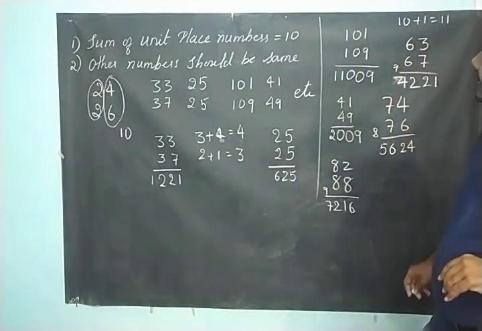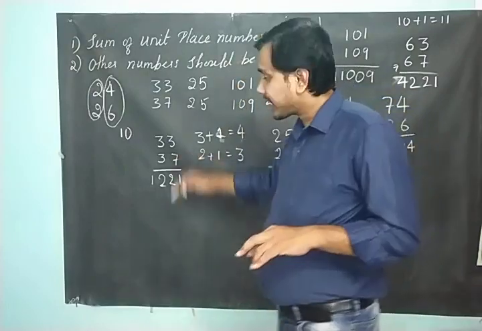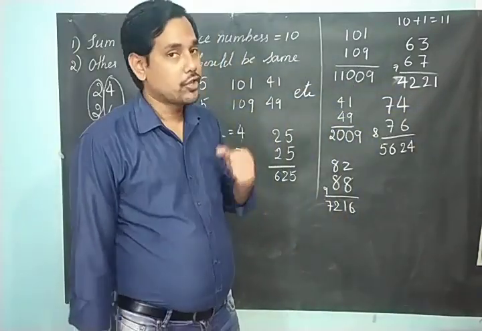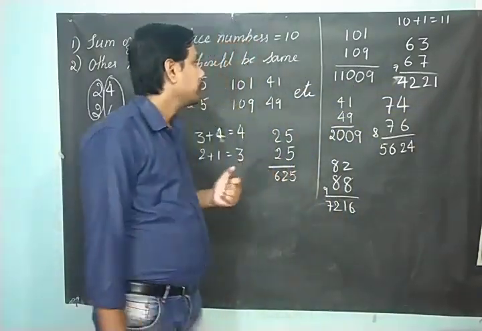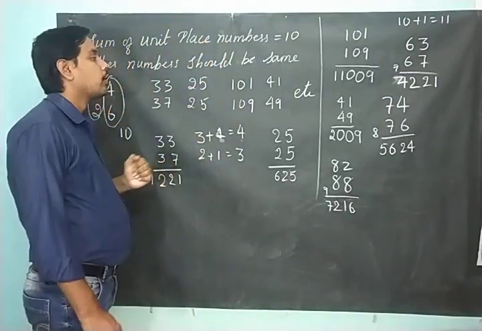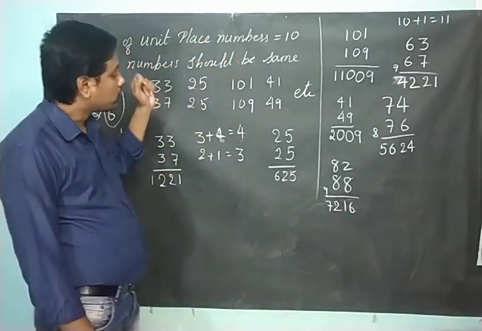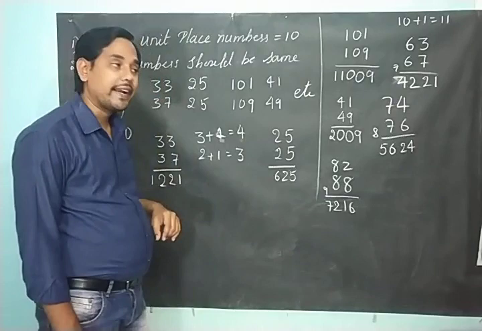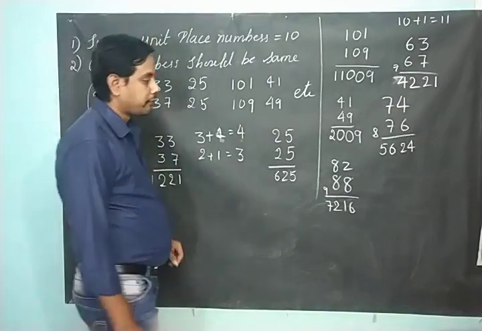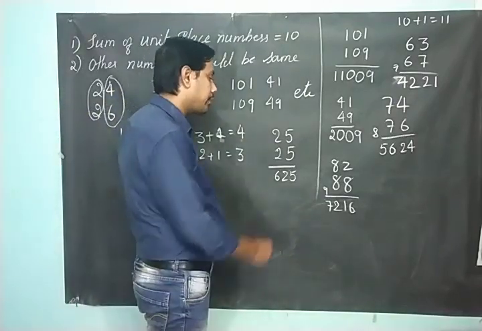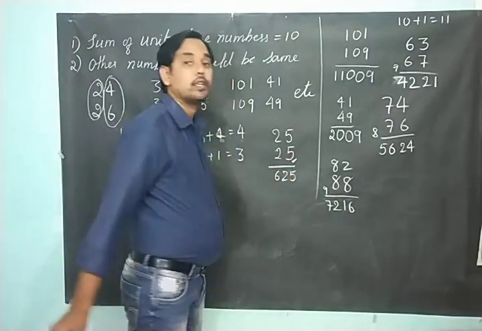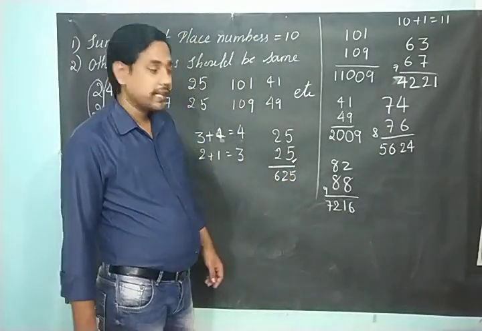One more thing is, we can apply this trick for multiplication of two numbers which satisfy these two conditions. Also, you can apply it to find the squares of numbers ending with 5.